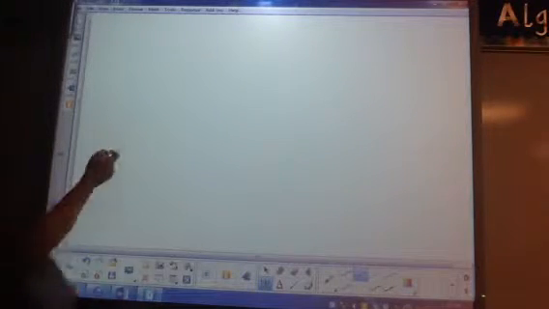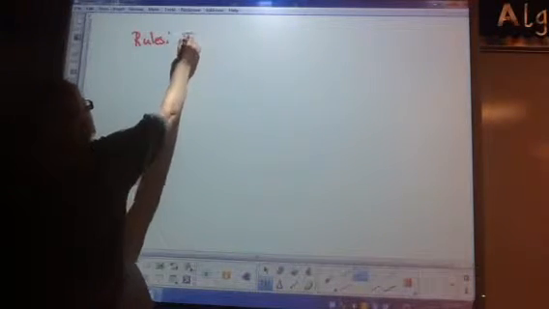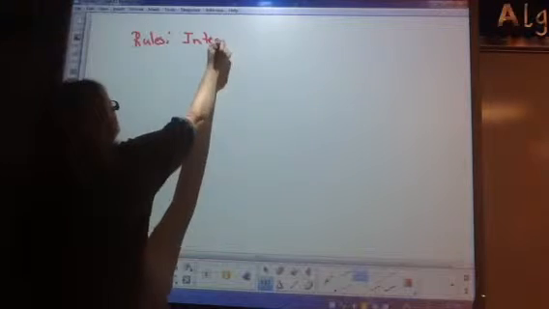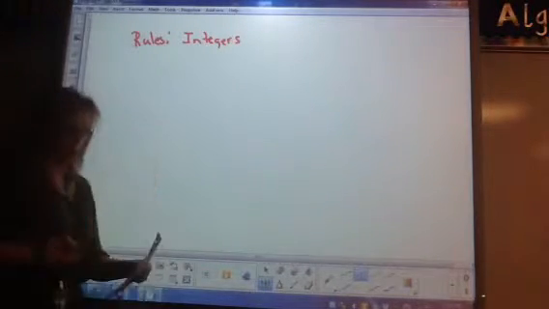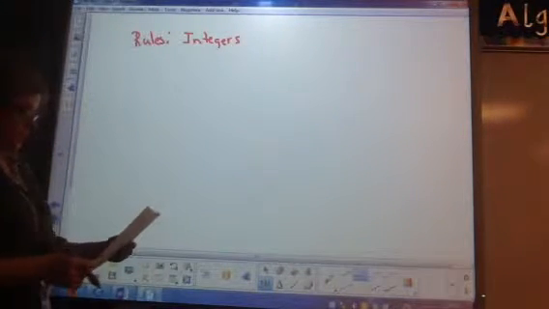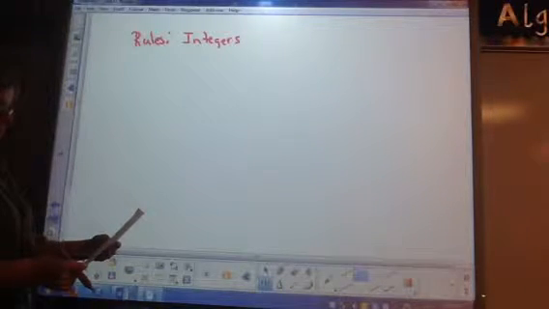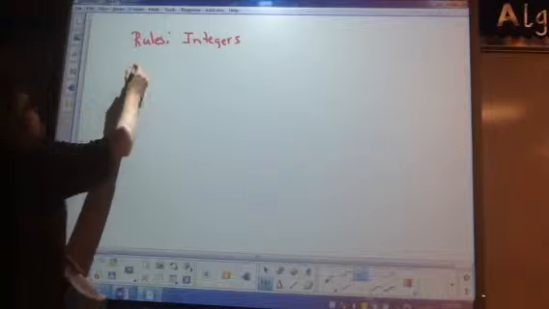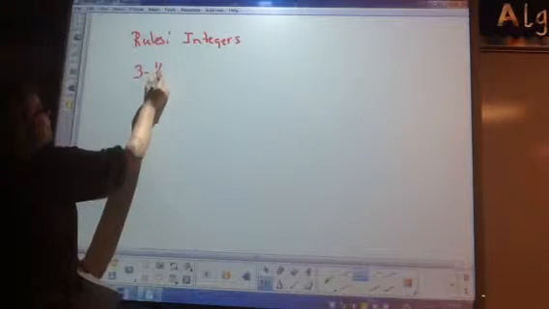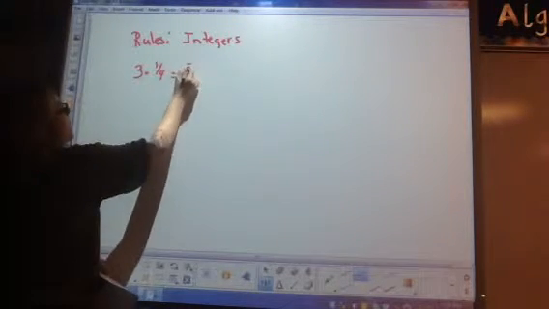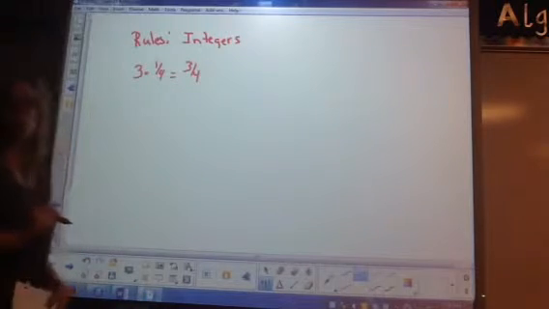Okay, now, some rules, and this should be reviewed when we're dealing with integers. Okay, so when we took 3 and multiplied it by 1/4, we got a positive 3/4.